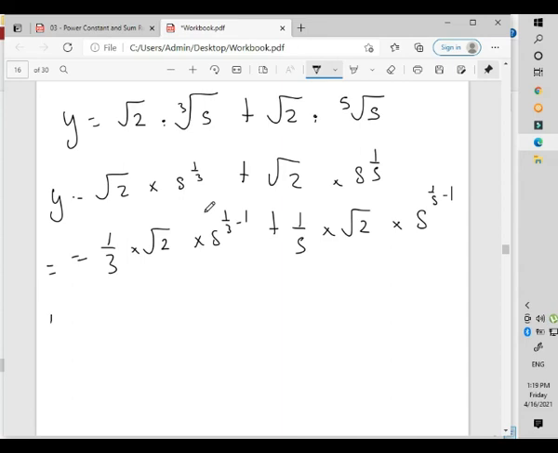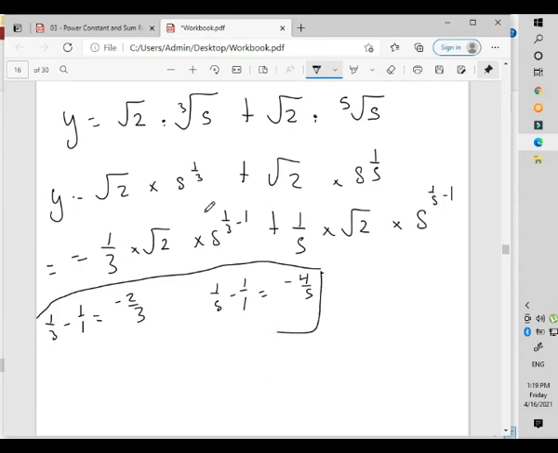So a third minus 1 over 1 is going to give me minus 2/3, and 1/5 minus 1 over 1 is going to give me minus 4/5. So these are the governing principles that I'll be making use of for the powers.